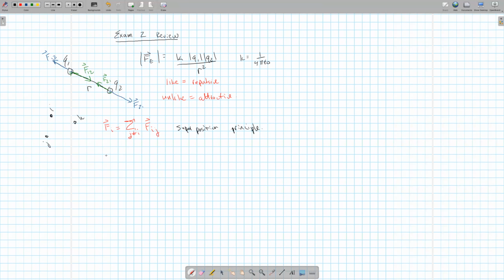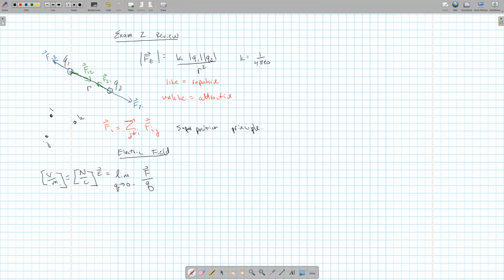And then from there, we moved on to the electric field. We said that the electric field is defined as the limit as the charge goes to 0 of the electric force per unit charge. This has units of newtons per coulomb, and as we later found, this also has units of volts per meter.